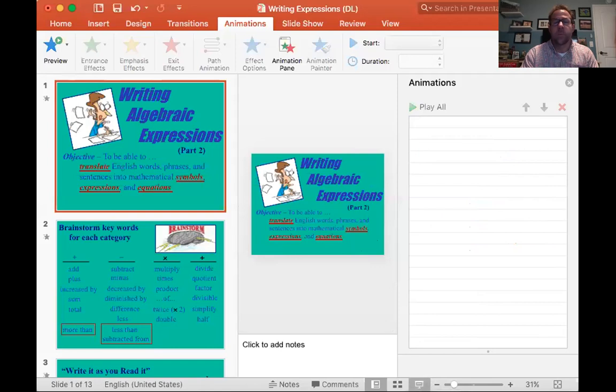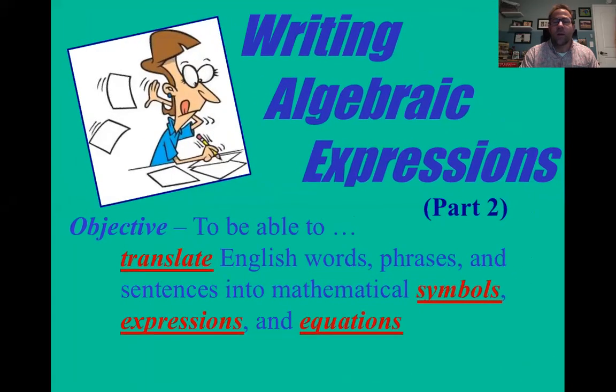Okay, all right, so writing algebraic expressions, or translating expressions, part 2. Remember, our objective is to be able to translate whenever we see written words, English words, phrases, or sentences. We want to be able to translate those into symbols and expressions and equations.